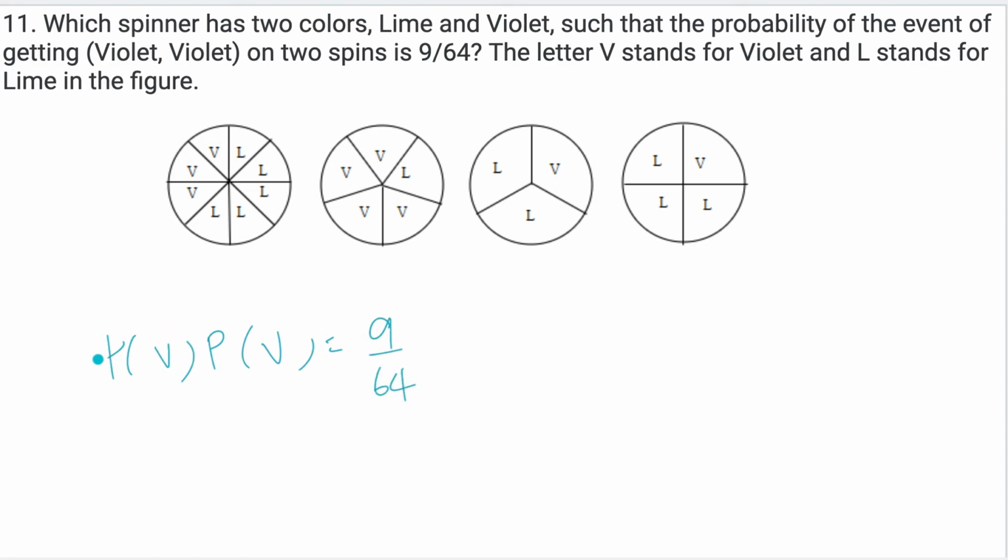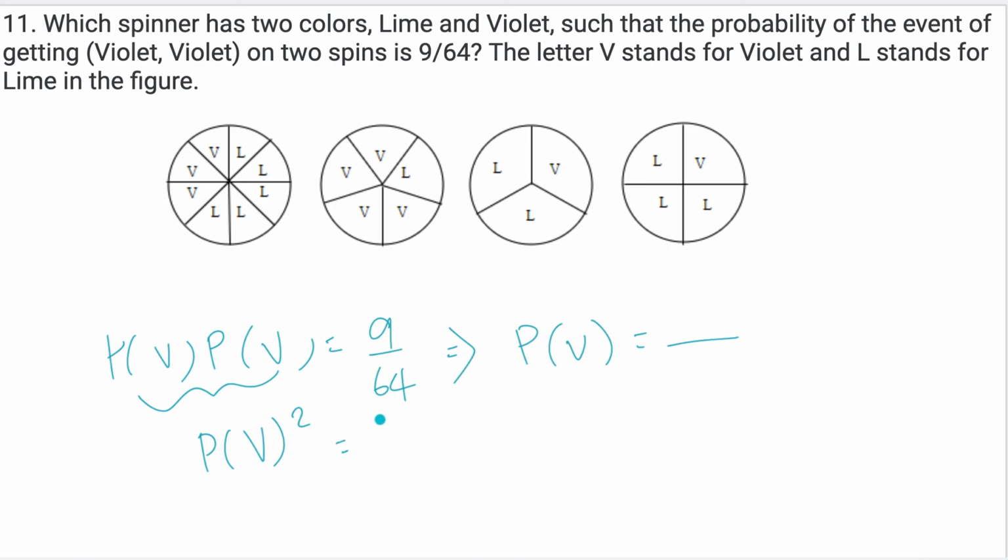So to find just one spin, what should it be? That means the probability of getting violet only should be the square root of that, right? Because you square this to find the probability of both times, since this shows you the probability of violet and you multiplied it twice.